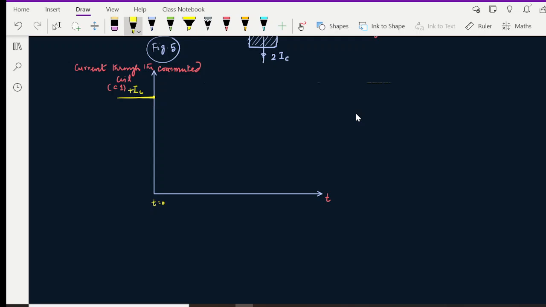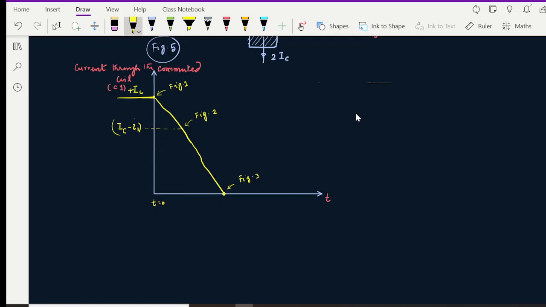The current magnitude started declining. For example, you can take some instant where this current was IC minus I1. Then it kept declining and it has come to 0. Okay, probably this was our figure 2, and this was our figure 1, and this is our figure 3.